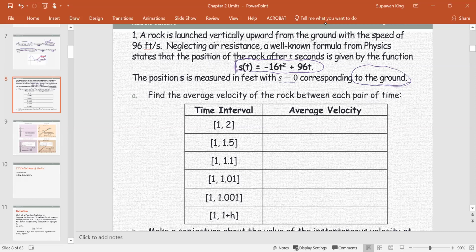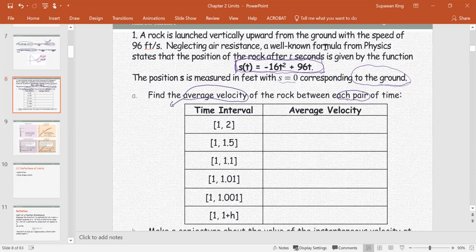So based on this function, s(t), the position that depends on the time t, is -16t² + 96t. For part A, we are going to find the average velocity of the rock between each pair of times. You see the key term, each pair of times. That means you have 2 points in time, and you are going to find the average velocity. As we saw earlier, how do we find it?